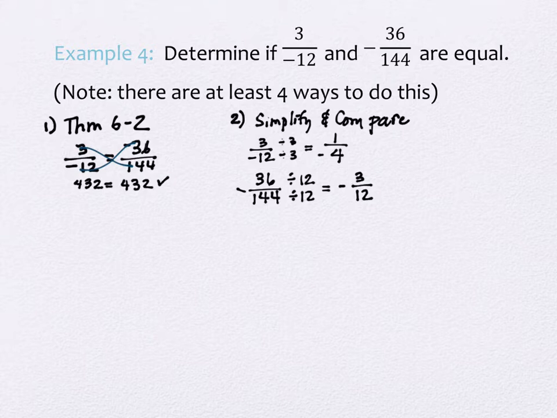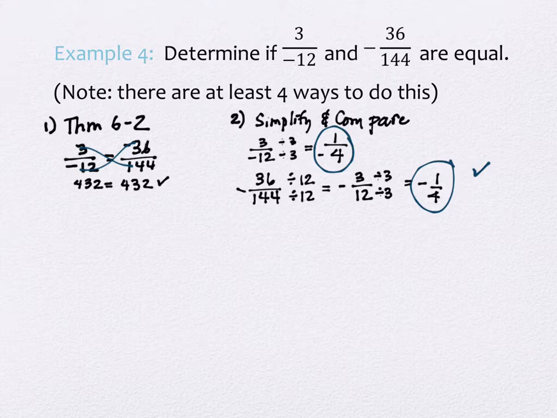But at the very least, you should recognize it can be divided further, right? So we just keep going until it can't be divided further. And in this case, we would get negative 1/4 again. So once we get to this point where these match, again, we're done. They're equal. Or if we got to a point where they didn't match, but they were both simplified, we'd be done, and they'd be not equal.